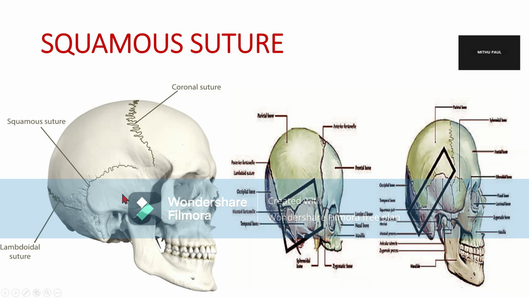So the squamous part of the temporal bone is overlapping the inferior border of the parietal bone. And this is the squamosal suture.